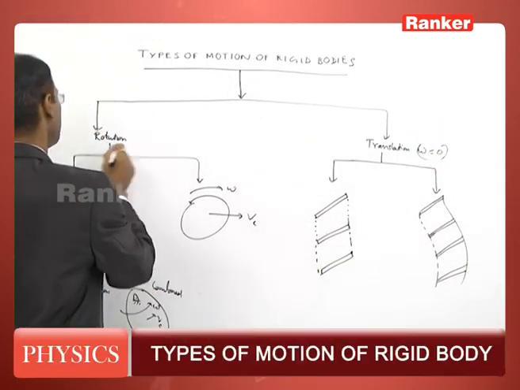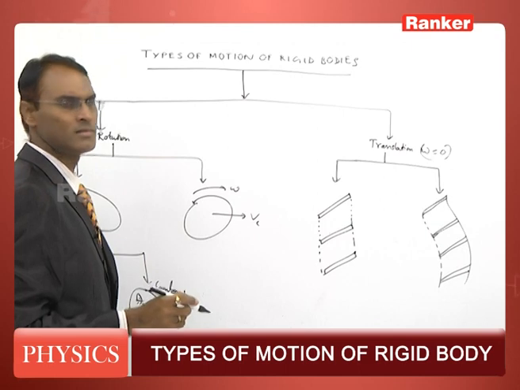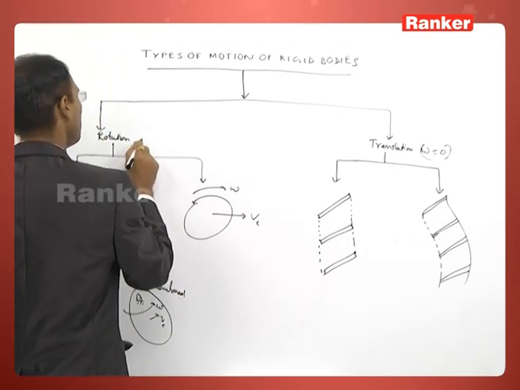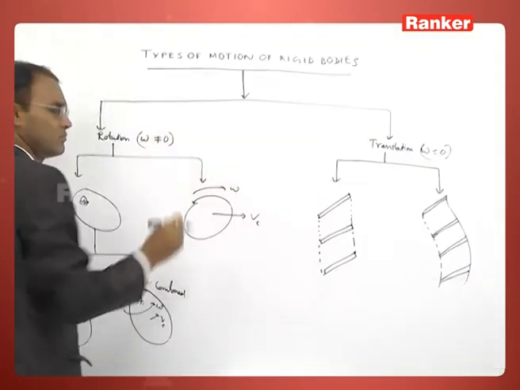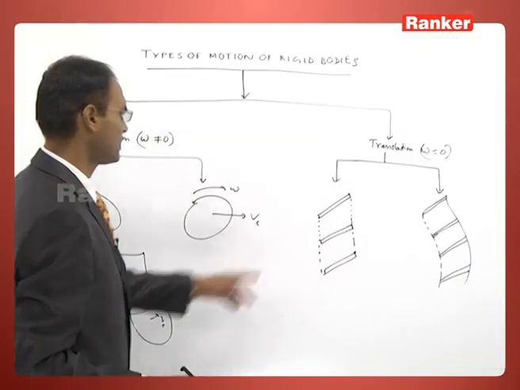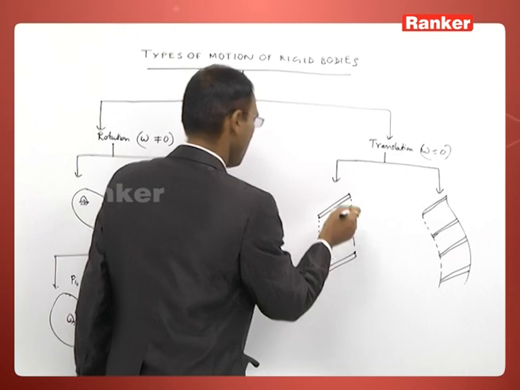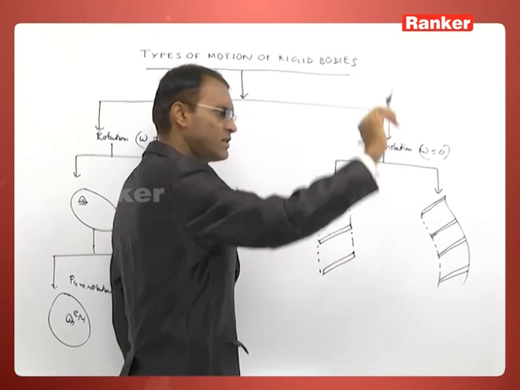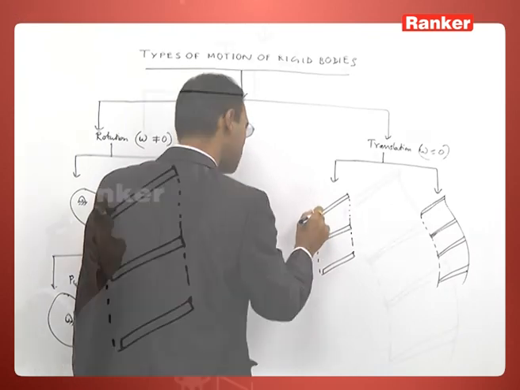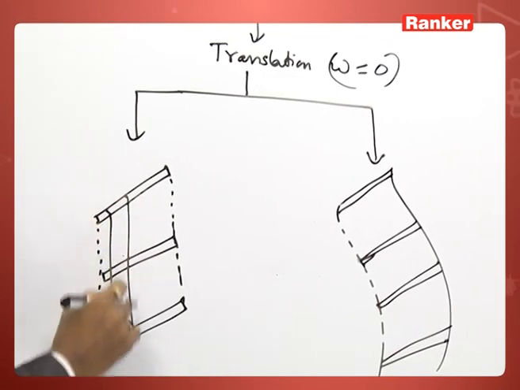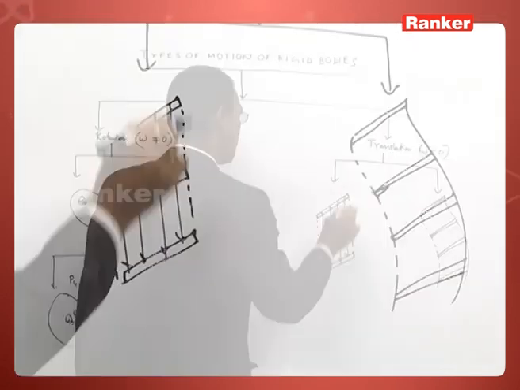And the other, rotation. Here we have non-zero angular velocity of the rigid body. In this translation of the rod, when the rod falls in a straight line, all the points move in a straight line.